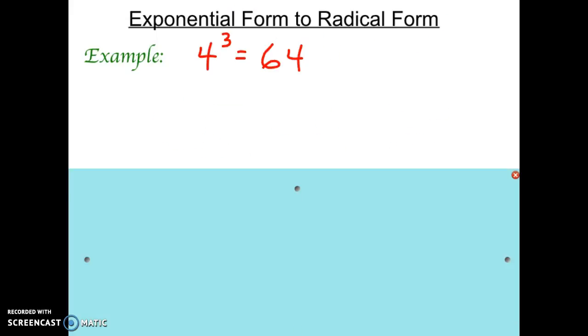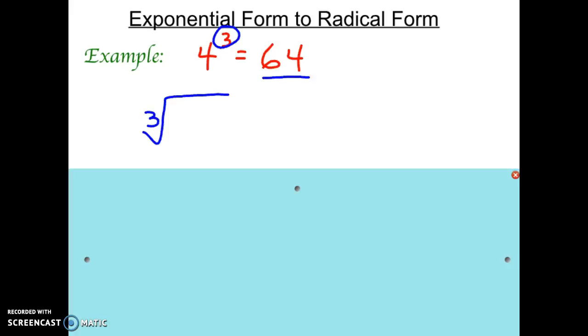We're now going to take a look at some examples on how to go from exponential form to radical form. You may want to pause and do these on your own, or you can just follow along. So, to do this, let's start with the radical symbol. The exponent will become our index.